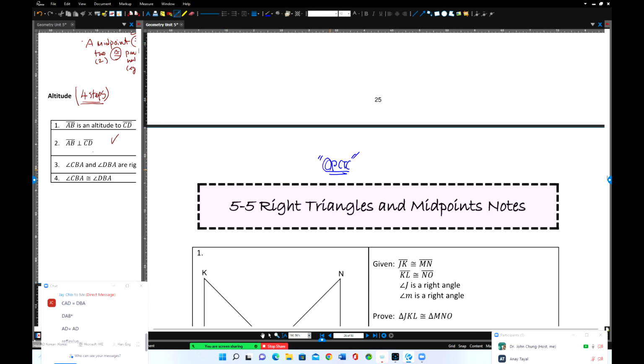This is congruent parts of congruent triangles are congruent. That is the CP. C, this is congruent, I'm sorry.